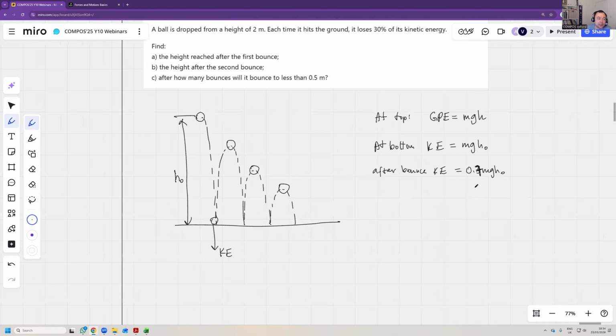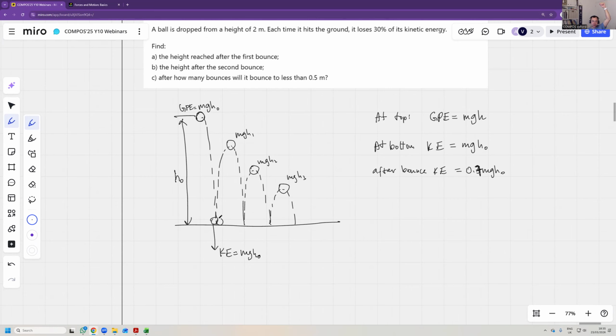Here we have mgh0, gravitational potential energy. Here we have mgh1, mgh2, mgh3. When you drop a ball from the top to the ground, it will have kinetic energy equal to the gravitational potential energy it had before, so mgh0.